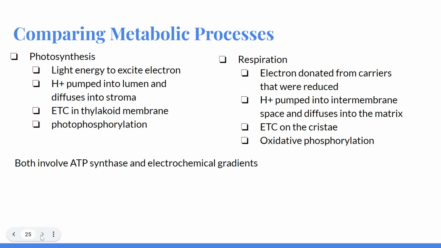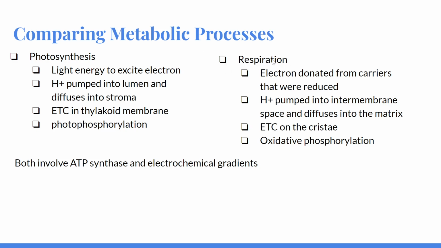There might also be questions on the exams about comparing different metabolic processes. So between photosynthesis and respiration, in photosynthesis you need harvesting of light energy to photoexcite electrons across the thylakoid membrane.